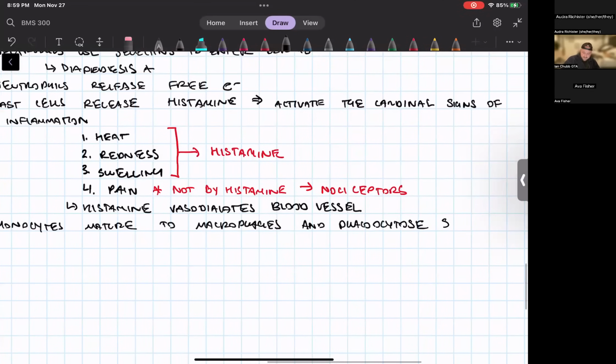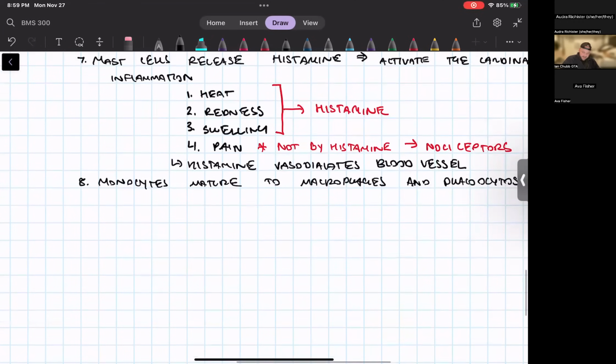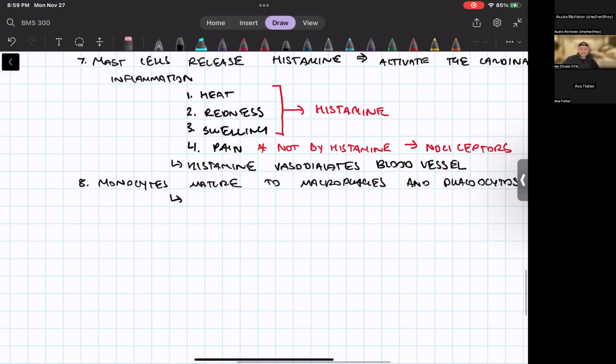I shouldn't say stuff. I'm getting lazy. Phagocytose bacteria. And then what's nice is macrophages are antigen presenting cells, so we can then present it on the cell surface, and then we can possibly have an adaptive immune response if we needed to. So can present on cell surface.